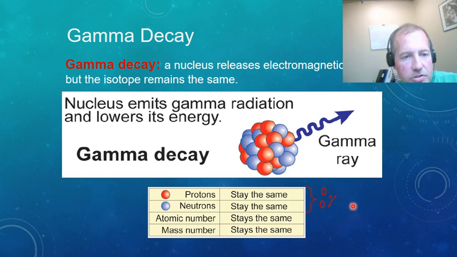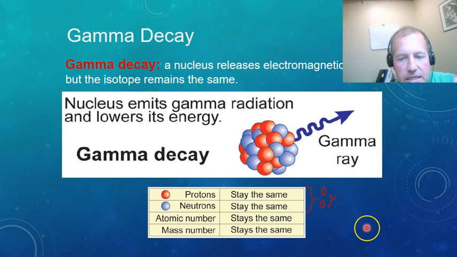Our last one is pure energy. They're not particles like alpha and beta, but it's pure energy. In gamma decay, a nucleus releases electromagnetic energy, but the isotope remains the same. So our mass number's the same, our atomic number's the same, the protons stay the same, the neutrons stay the same, as you can see in the table there.